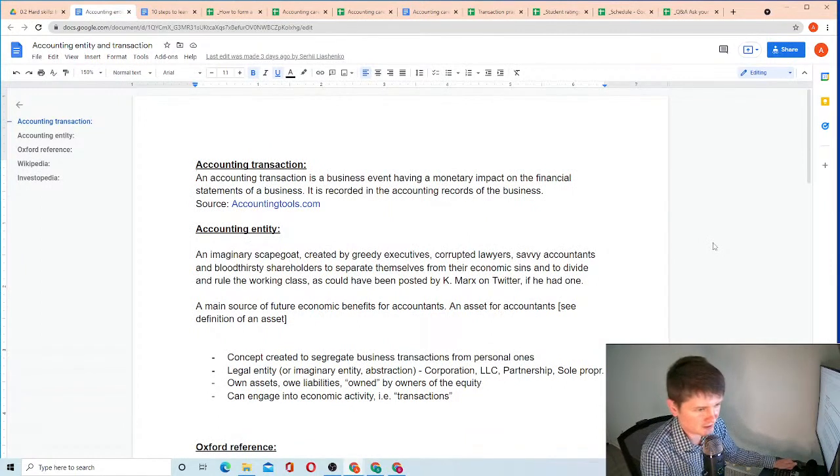So, accounting entity is a separate construct which has its own operations which are separate from the owners of the entity and from the employees of the entity and from the managers of the entity.